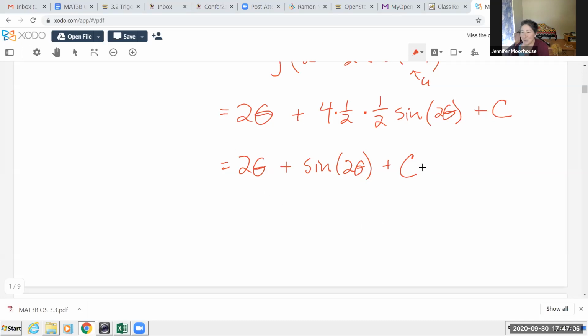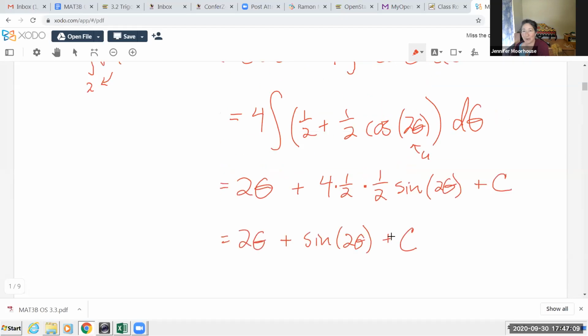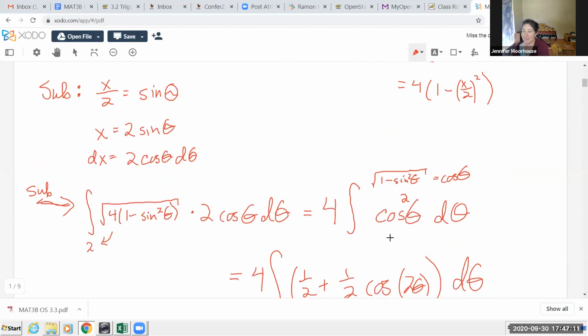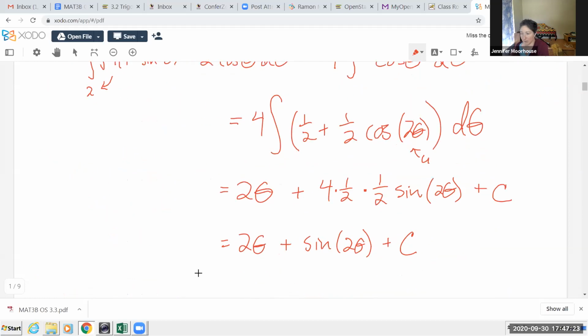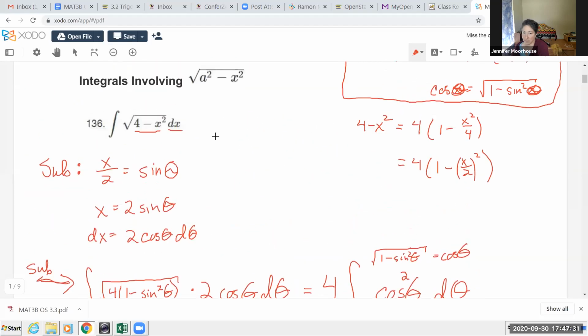So what we need to do now, we're not quite done, because if we go back up and we look at our original integral, that original integral was written in terms of x. And our answer here at the end is written in terms of theta. Well, that doesn't make any sense, because what does theta have to do with x, right?